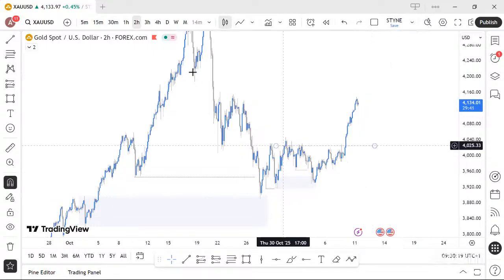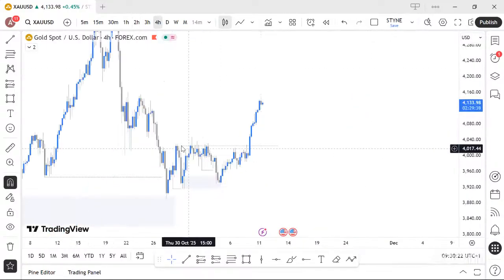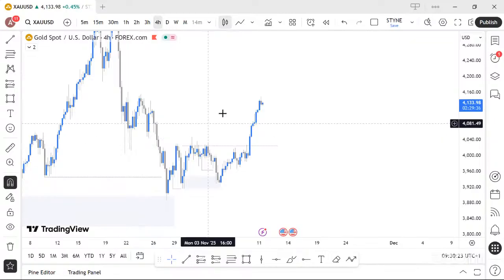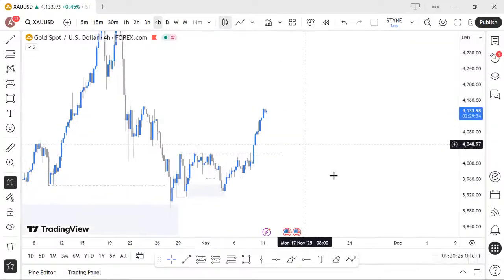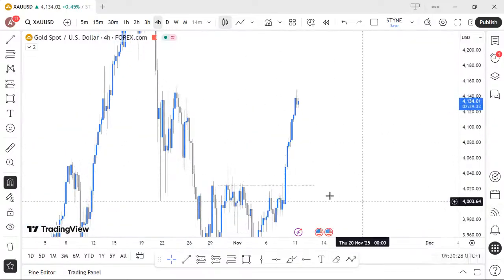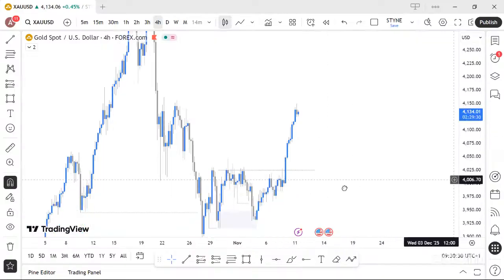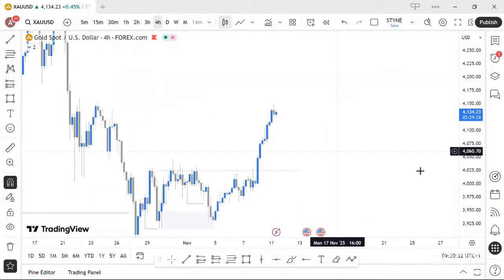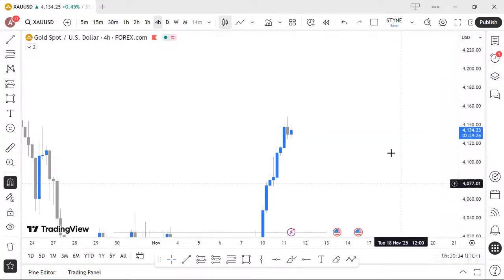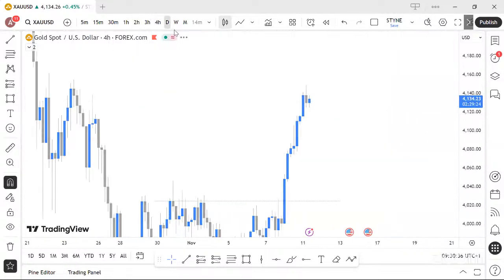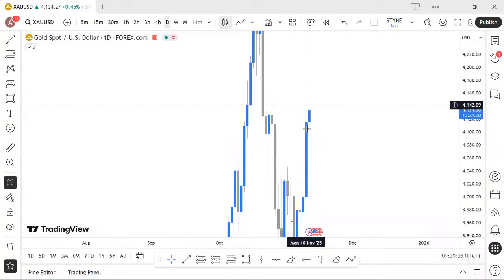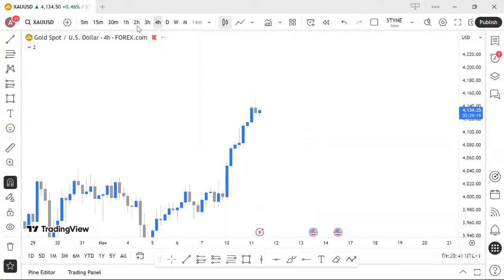I drew this area yesterday, looking for price to trade back down into it, but price has done a lot of pips from that zone. It can still happen, but what we can do is zone into what's happening here and see how we can jump in.